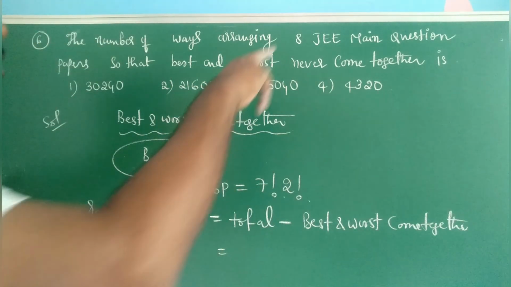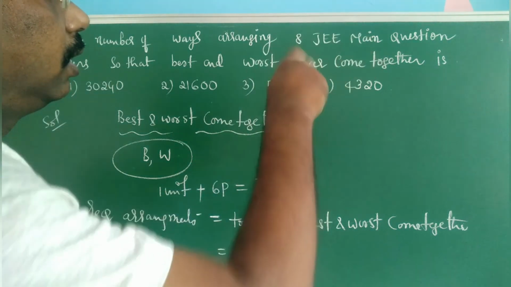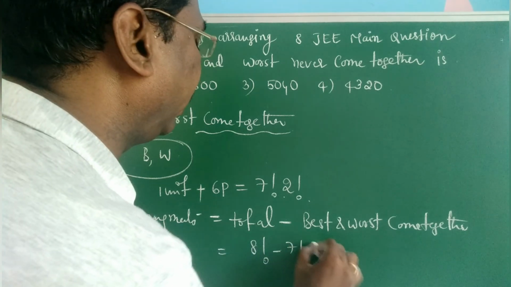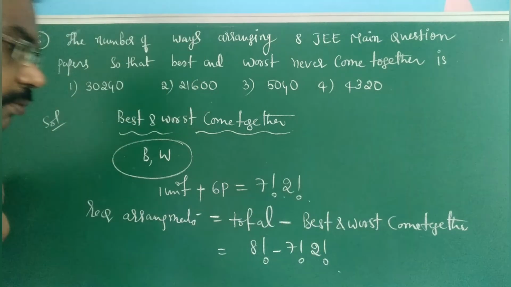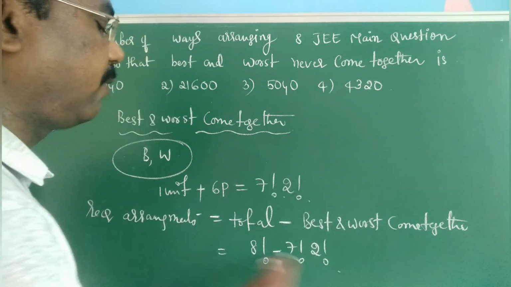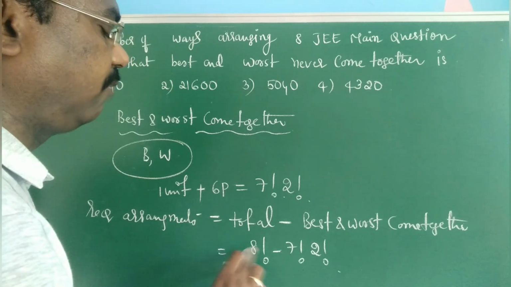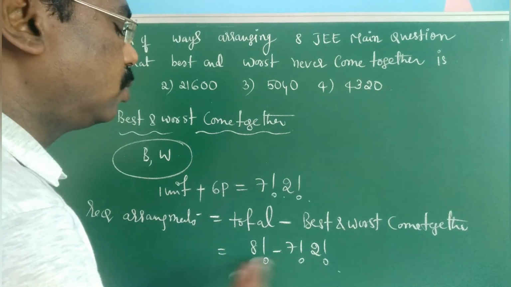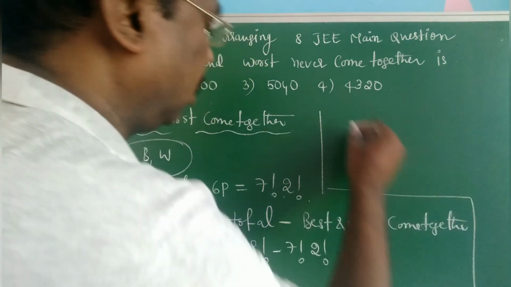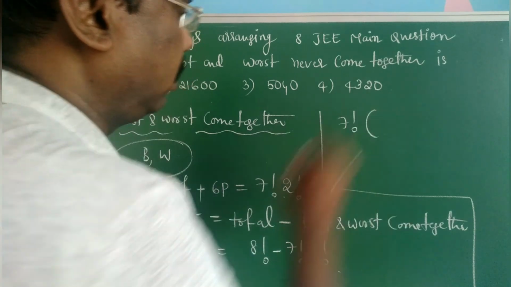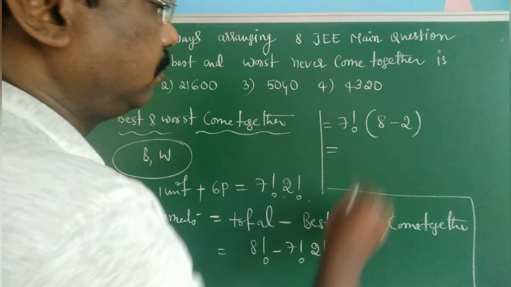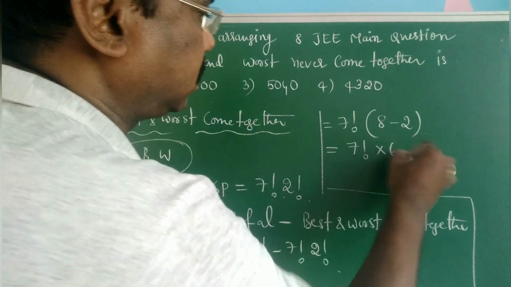Now total means 8 papers can be arranged in 8 factorial ways. 8 factorial minus 7 factorial into 2 factorial. Now 8 factorial can be written as 7 factorial into 8. Now 7 factorial is common. Now 7 factorial into 8 minus 2, now is equal to 7 factorial into 6.